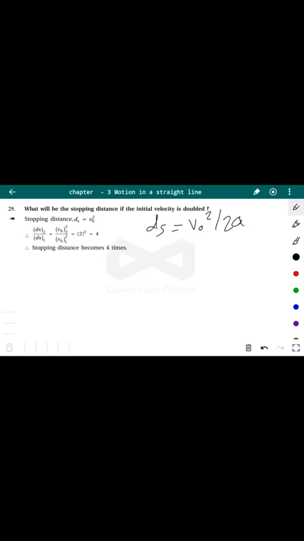So the first situation is ds1 equals v01 square upon 2a. This is the general equation, but this is the first situation.